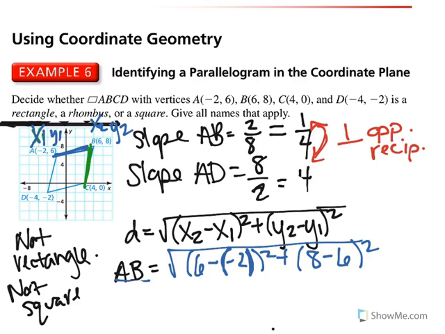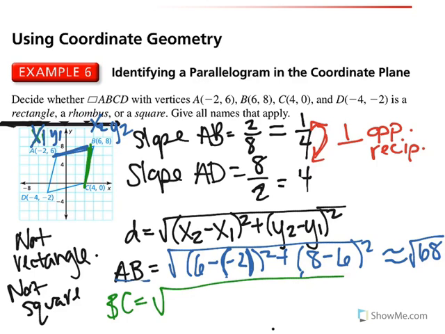So if we actually put that in our calculators or we reduce it, we end up getting the square root of 68. Okay. So let's see if BC ends up being the exact same.